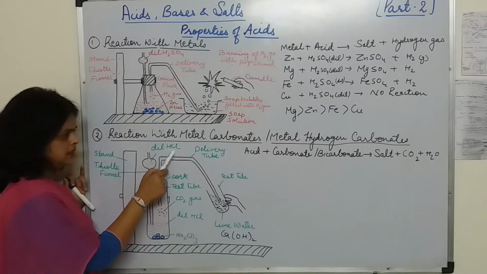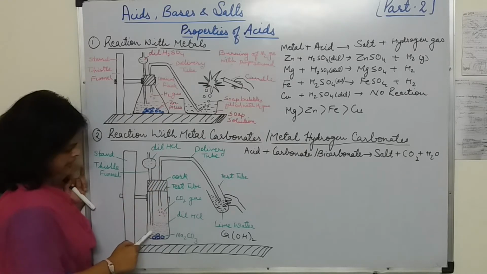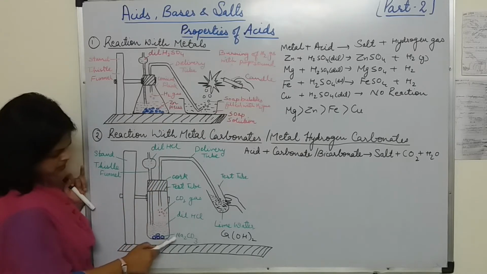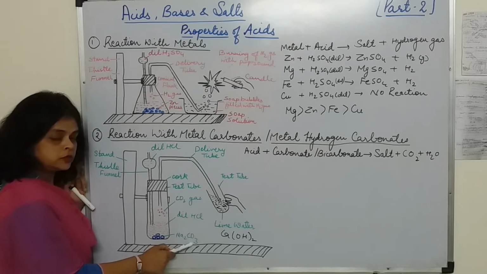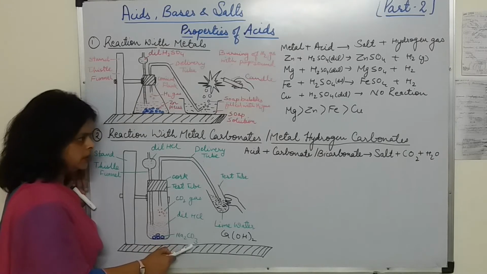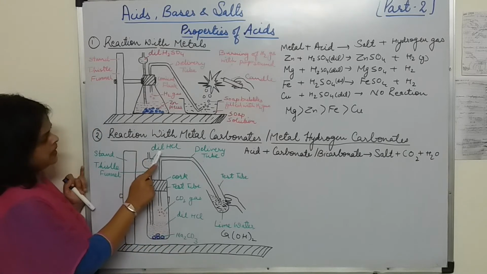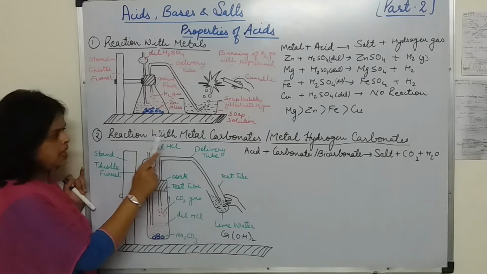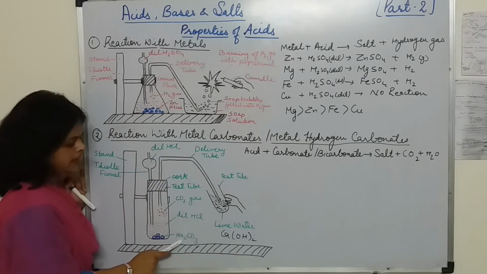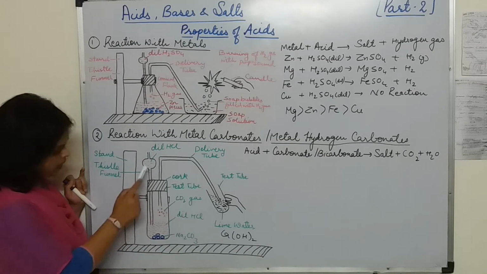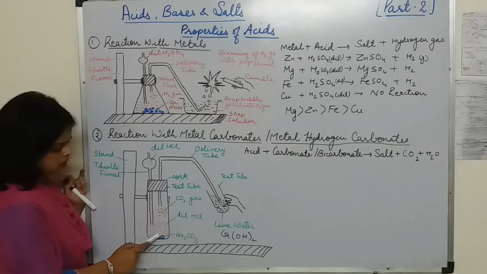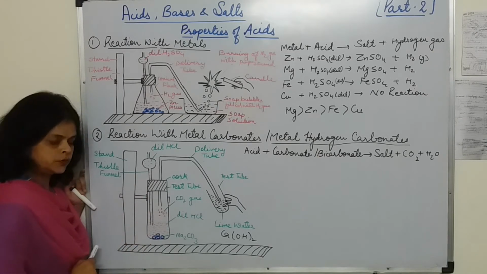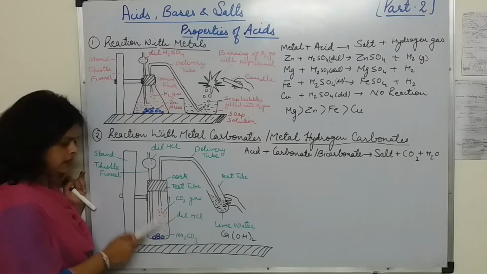In this test tube we had taken the metal carbonate, and through this thistle funnel we are adding one acid, that is hydrochloric acid, and here you can see Na2CO3, sodium carbonate. Now when acid is added to it, the reaction starts between the acid and the carbonate.